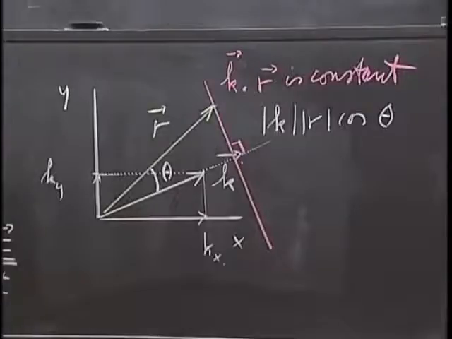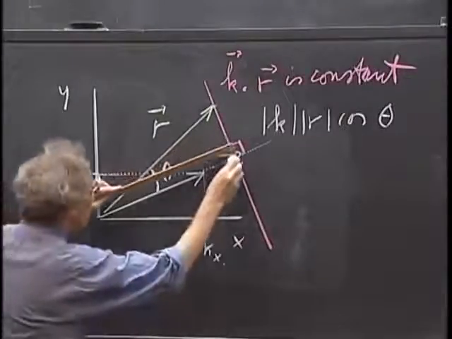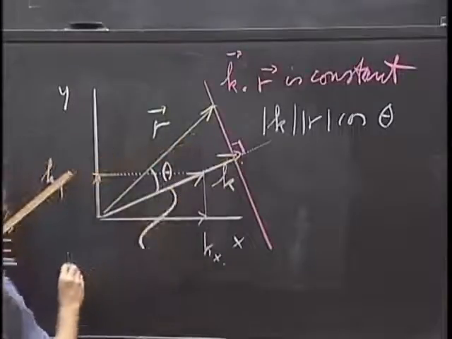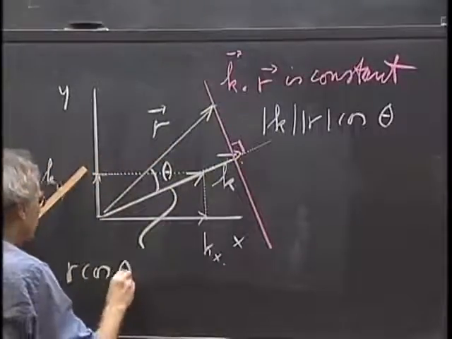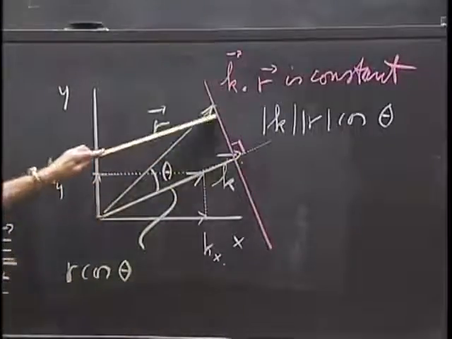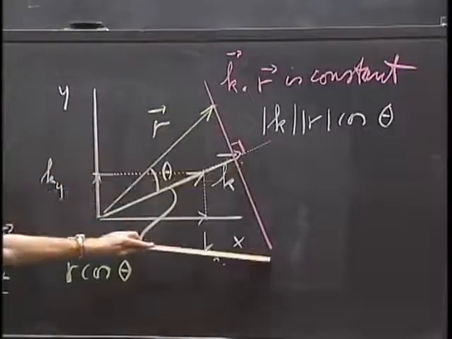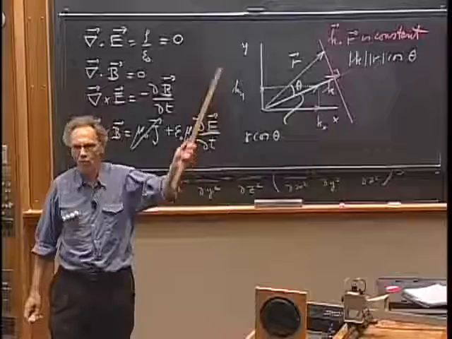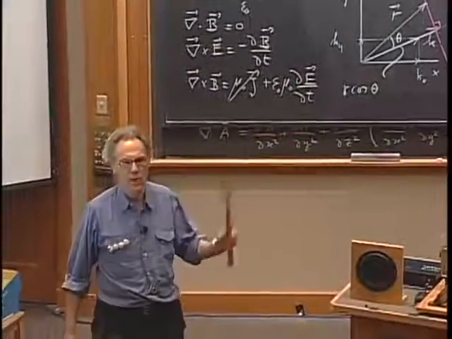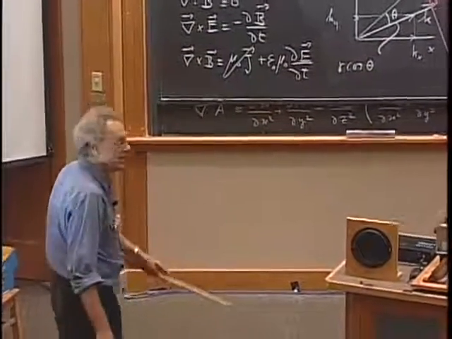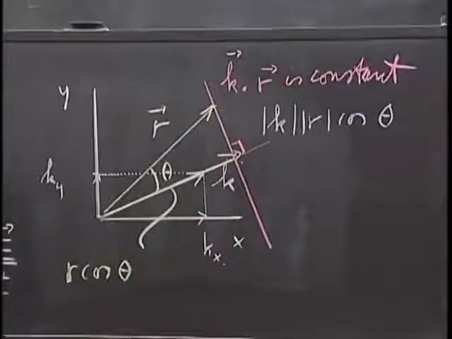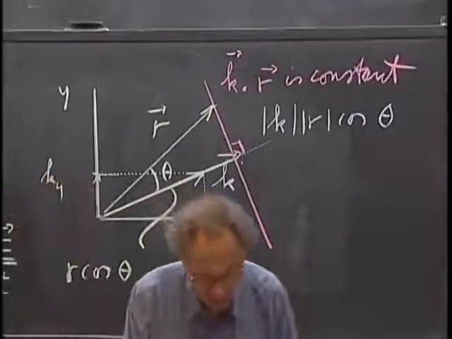And what is r cosine theta? That is this. This here is r cosine theta. And any vector r that ends on this red line will have the same value for r cosine theta. So therefore, on the entire red line, which in this two-dimensional plot is just a line, the value for k dot r is a constant, is the same.